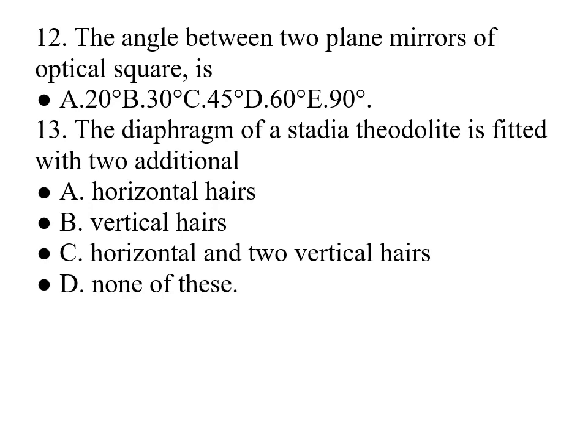In 12th question, the angle between two plane mirrors of optical square is 45 degrees, that is option C is the answer. In 13th question, the diaphragm of a stadia theodolite is fitted with two additional horizontal heads, that is option A is the answer.